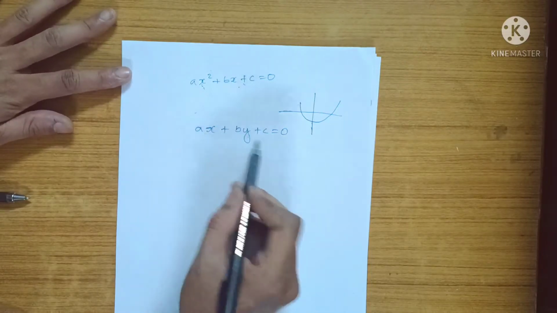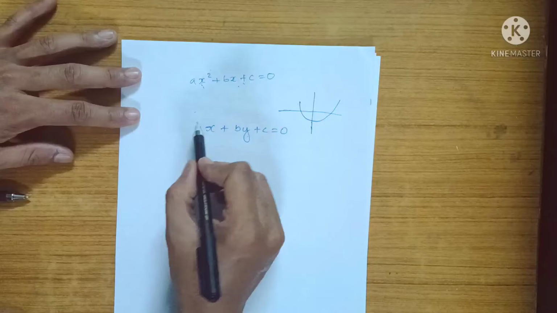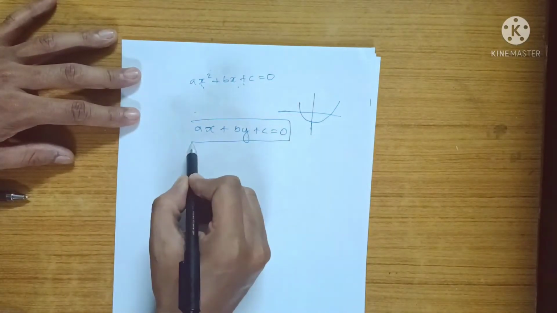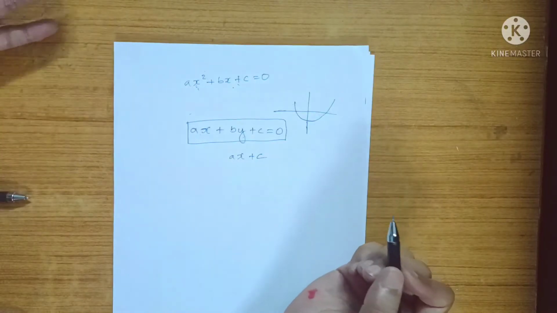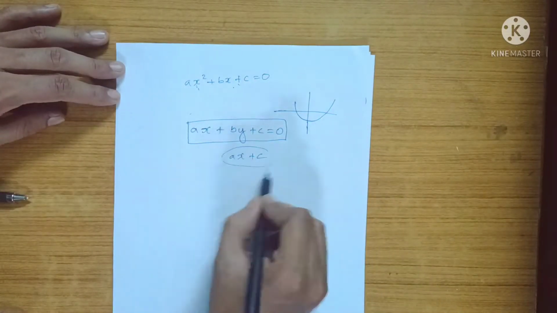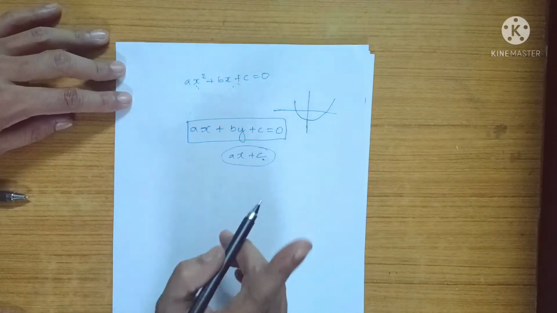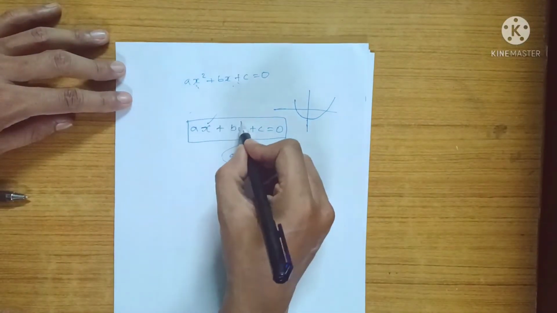We can't see x squared nor y squared, so we call this linear equations in two variables. Linear equation literally means this also. If it's just linear equation, we could even say this, but then we're talking about linear equations in two variables, so one variable, two variable, like that.